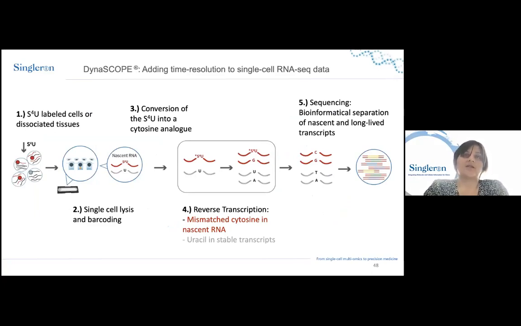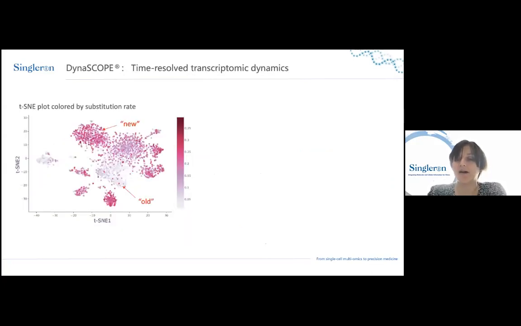Later, during the cDNA synthesis process, you will get a mismatch in your sequence. You will be able to bioinformatically detect what proportion of mRNA actually has this mismatch. The higher the portion of mismatched mRNA, the higher the portion of newly synthesized mRNA you are getting in your cells.